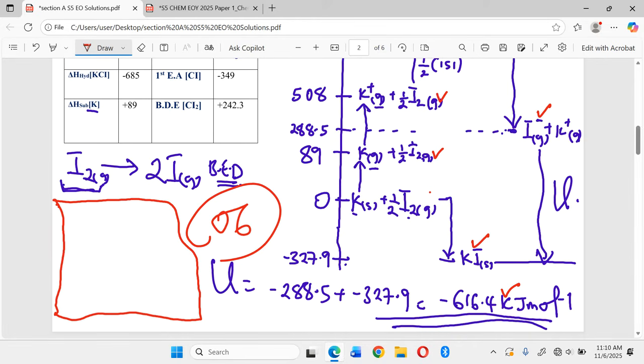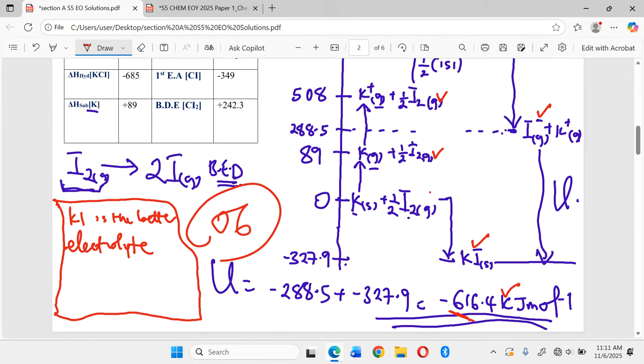So when you look at this, we can see that potassium iodide has the smallest lattice energy, and therefore it is the better electrolyte she can use. It is a better electrolyte because of its lower lattice energy.